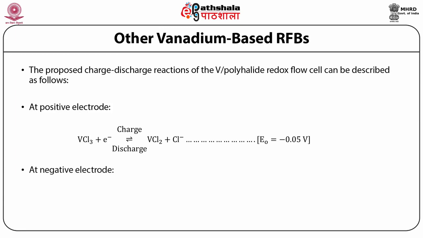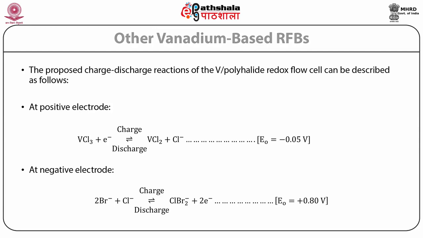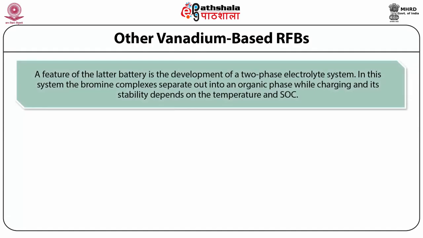At negative electrode, 2Br- + Cl- charges or discharges to give ClBr2- + 2 electrons, with E0 = +0.8 volts. A feature of the latter battery is the development of a two-phase electrolyte system.